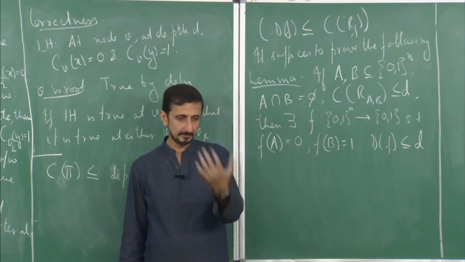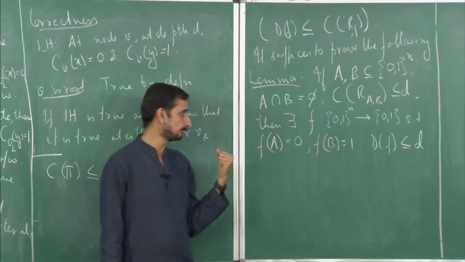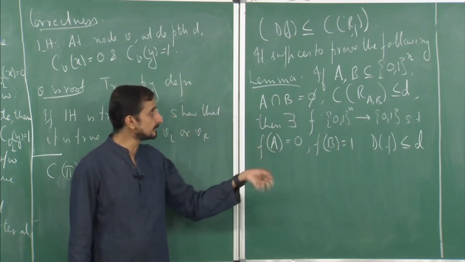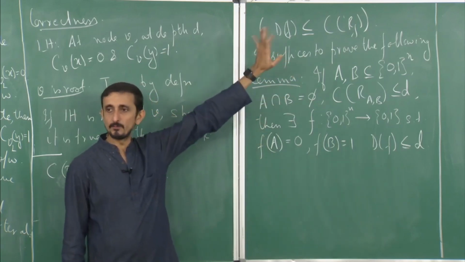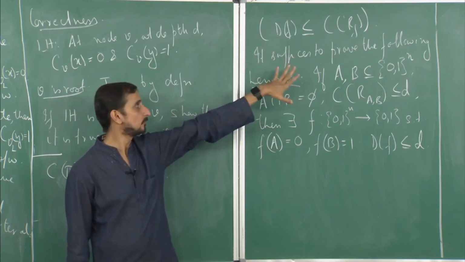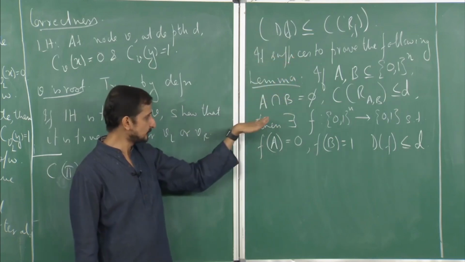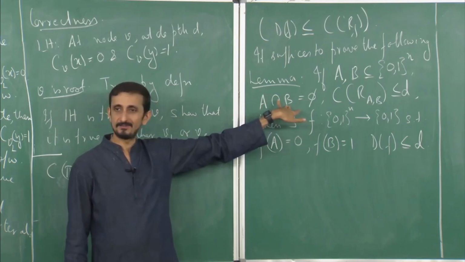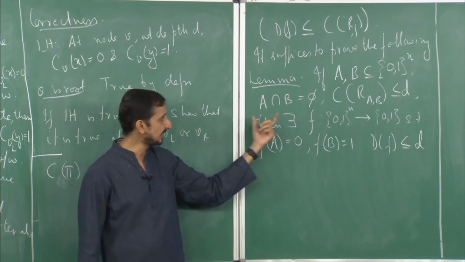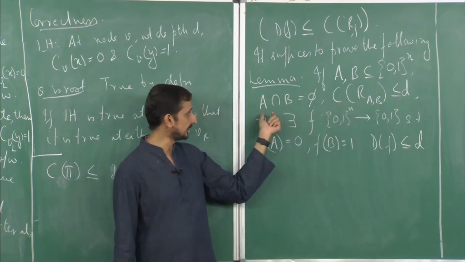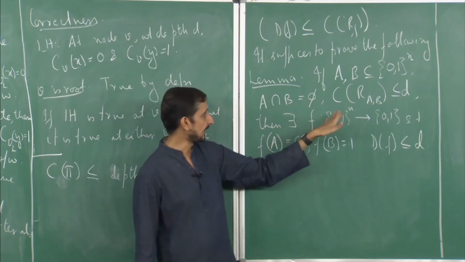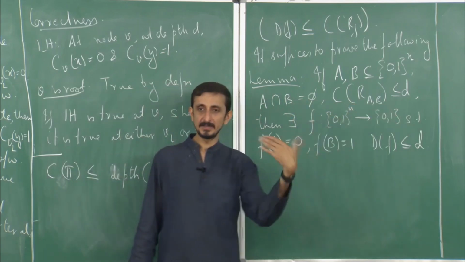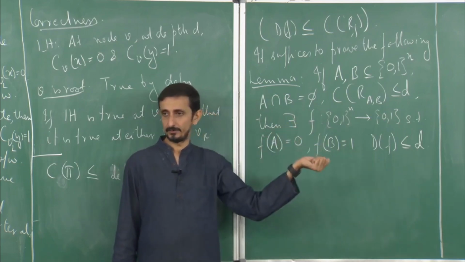Well, let me put it slightly differently. Let's say I am given a function f, and I want to compute C R of f. I want to find out what C R of f is. I can choose A to be f inverse 0, and I can choose B to be f inverse 1. Then of course I get the hypothesis of this lemma that A intersection B is empty, and R_AB is equal to, by definition, R of f.